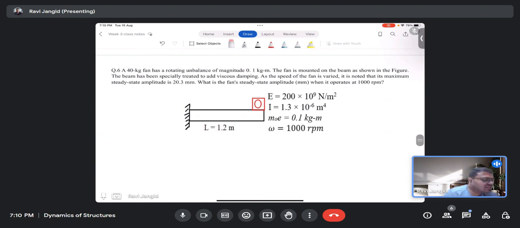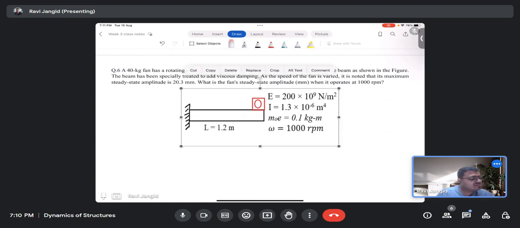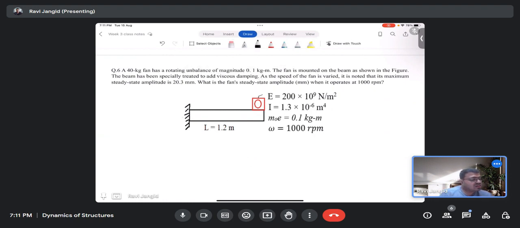So the next question is the same kind of question, but here it is a little bit more difficult. A question like this was given to you in the week 3 content quiz also, but that was simplified; this is a little bit tougher. A 40 kg fan has a rotating unbalanced magnitude of 0.1 kg meter.